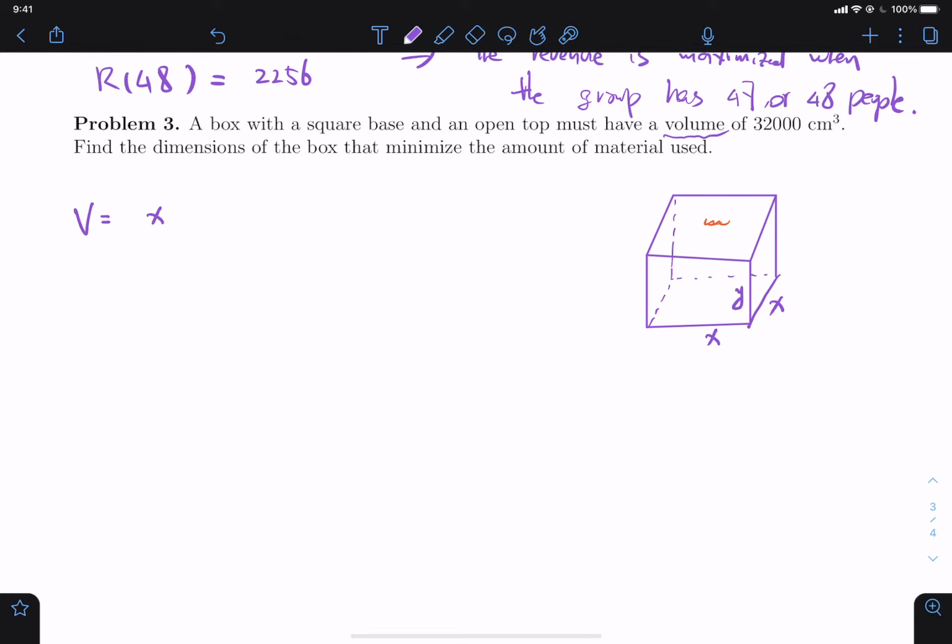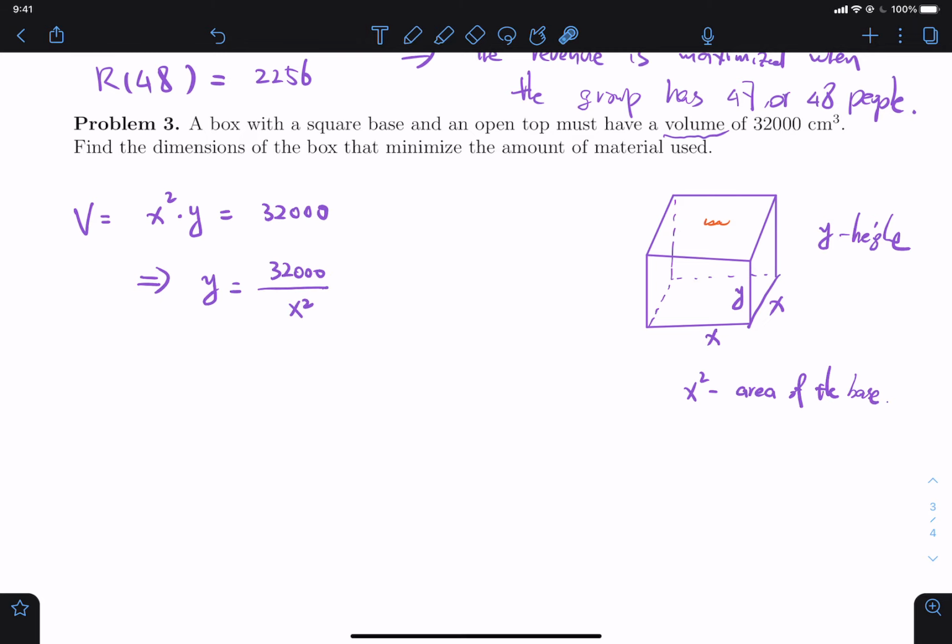So that is x squared, the area of the base, and y is the height. The area of the base times the height gives you the volume. Volume is 32,000, and from here we can solve for y. y is equal to 32,000 divided by x squared.